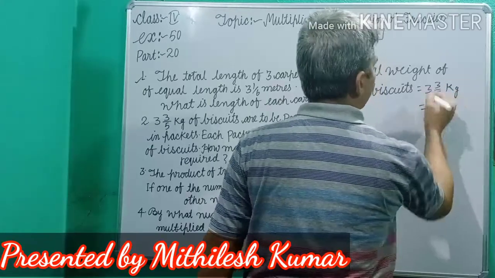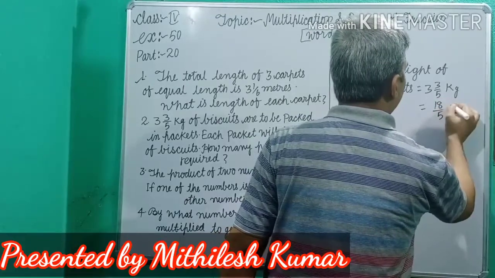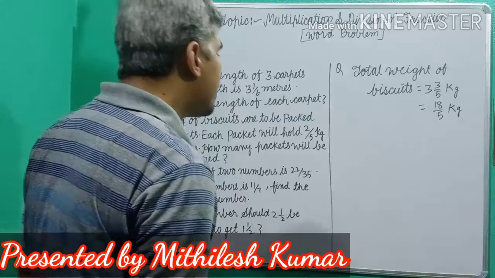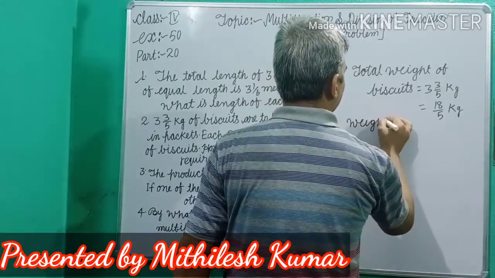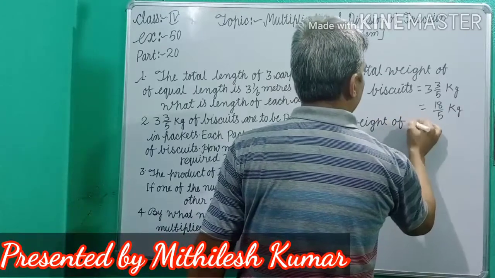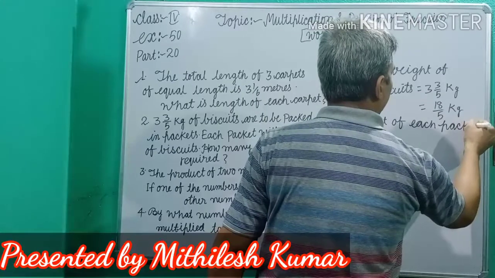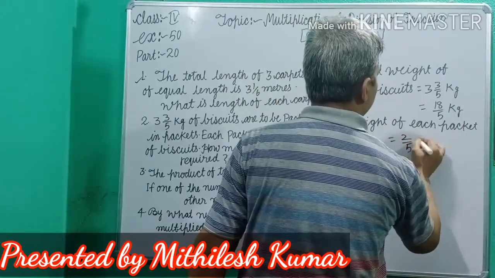That means 5 threes are 15, 15 plus 3 is 18, so 18 by 5 kg. Weight of each packet is equal to 2 by 5 kg.